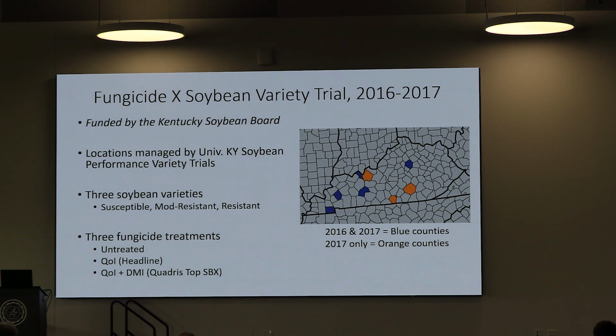Some of those were just in 2017, and some of those were in 2016 and 2017. And we had this under 3 different varieties. One variety was susceptible, one was a moderately resistant variety, and one was a highly resistant or resistant variety. And then we had 3 fungicide treatments and untreated. We had our QOI fungicide, which was Headline, and then we had a QOI plus a triazole or DMI fungicide, which at that time was Quadris Top SBX.